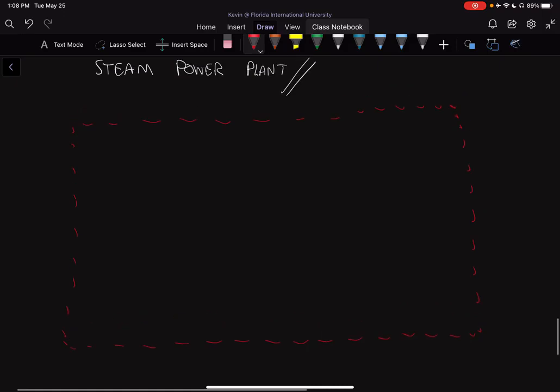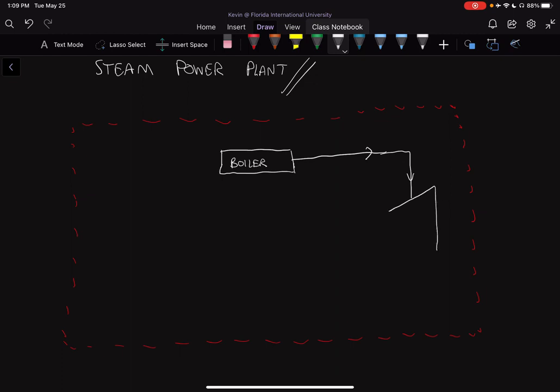Okay? And so within that boundary, we're going to have 4 different pieces of equipment. So we're going to have a boiler at the top, and this boiler is going to be connected to a turbine, and this turbine is going to create some work.